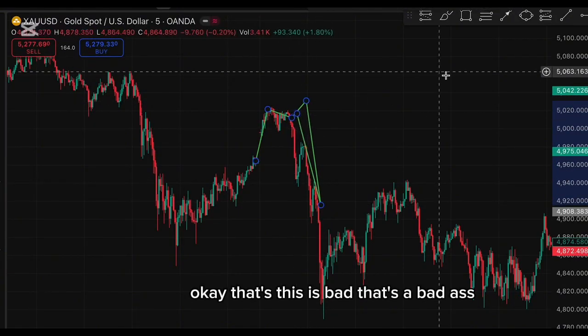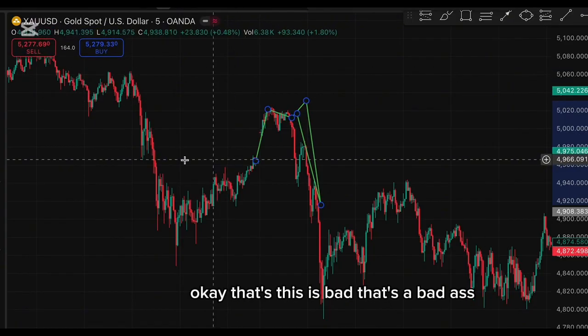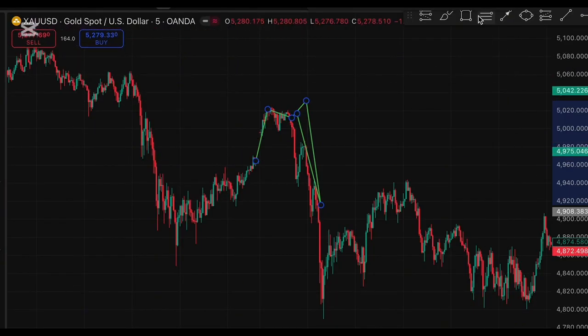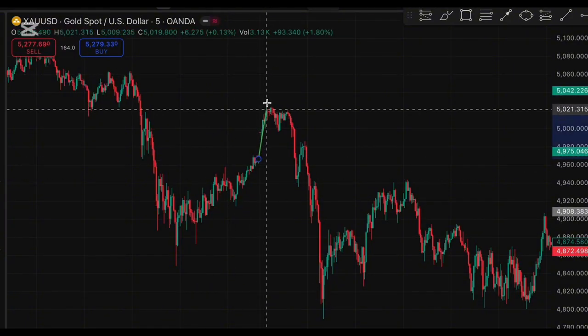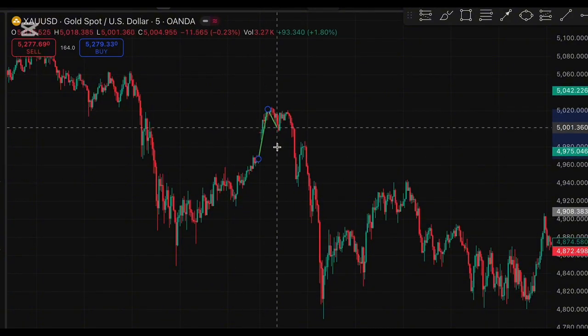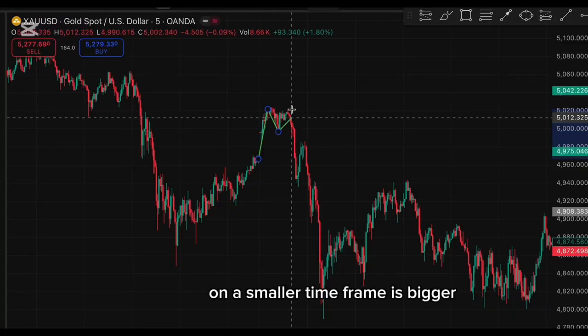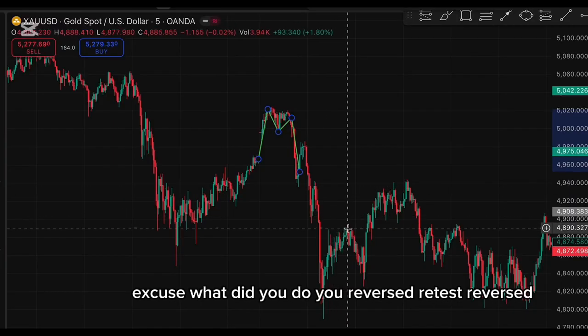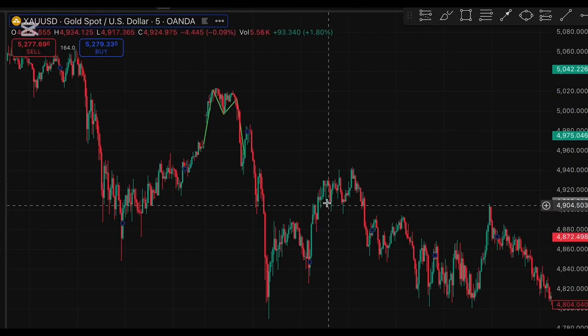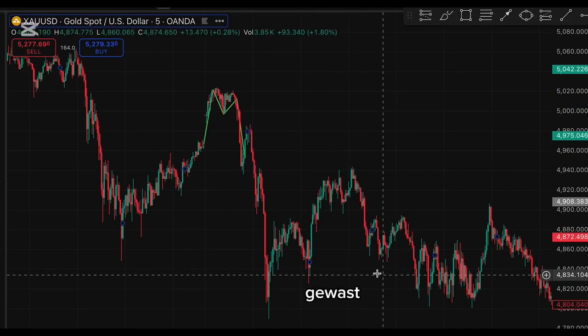Okay, this is bad art. As long as you understand what I'm saying. In a smaller time frame, it's bigger. You reversed, retested, reversed. Reversed.